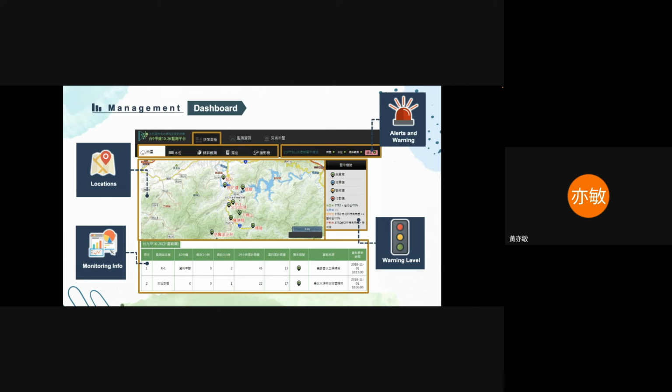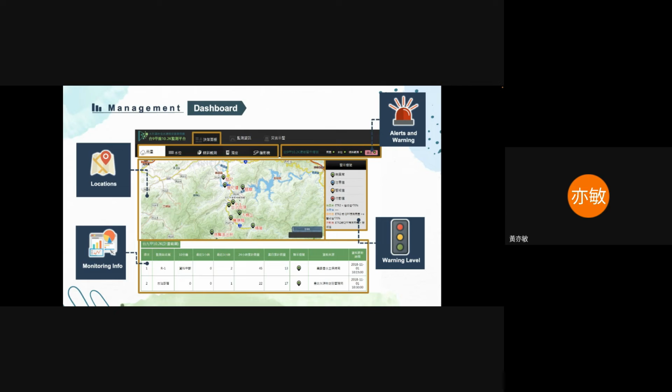If it is a real issue, something really occurring on the site, we need to announce the evacuation to the people of the village. So we call it the management dashboard. This is our final product we want to show our people.